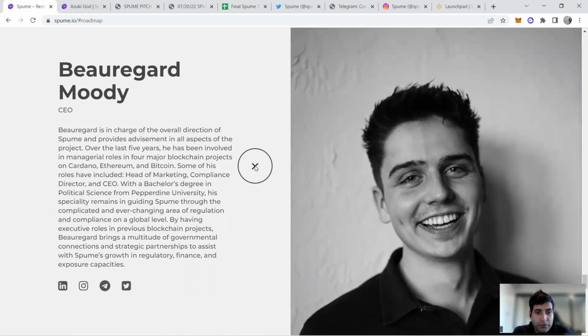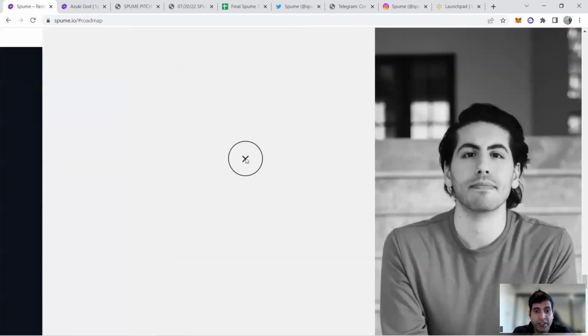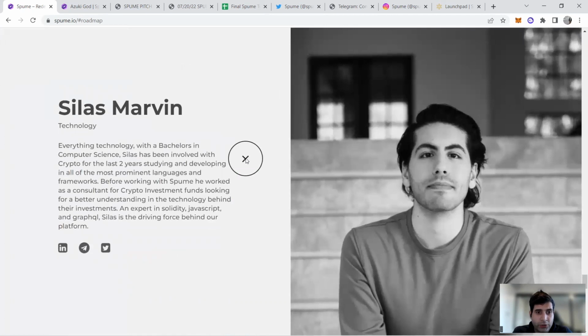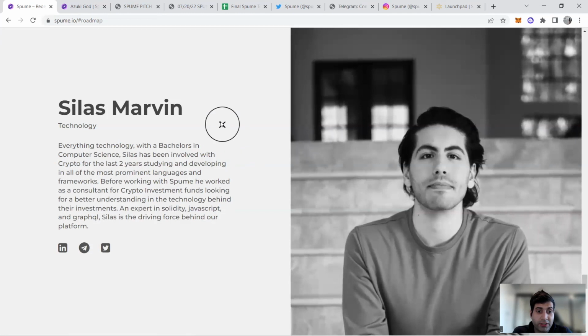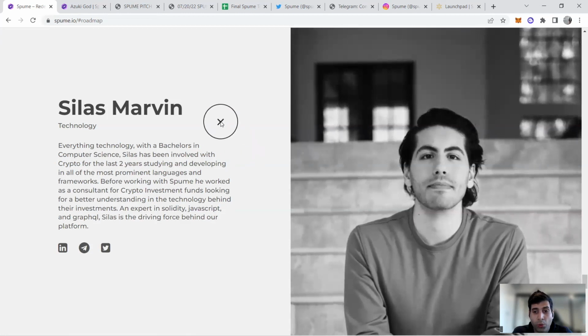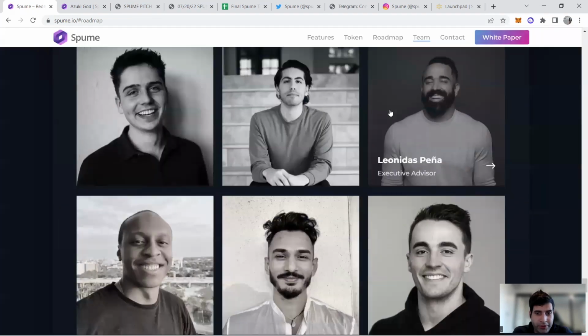And he also has a lot of partnerships with people from those blockchain projects. He's focusing on regulatory finance as well, because that's a part that a lot of projects are struggling with at the moment. That's Silas, who's the technology person, is also an expert in Solidity and JavaScript, which is more what you need if you're a crypto techie guy.